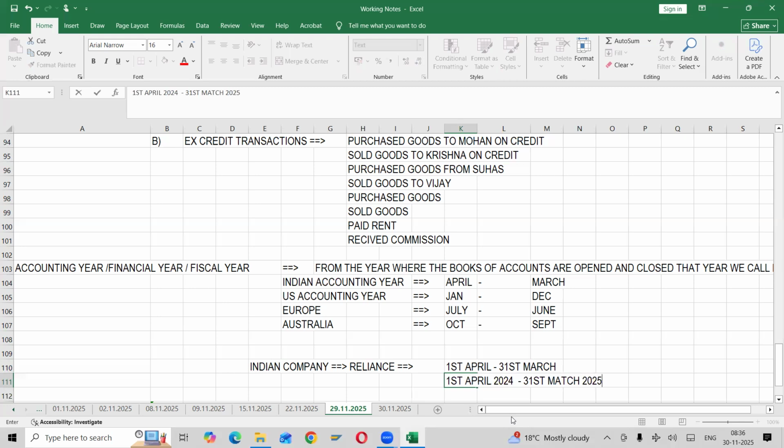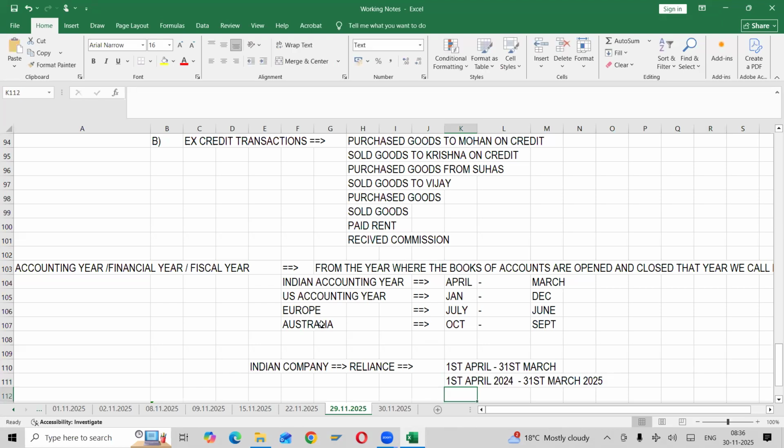They will open a separate set of books to record the transactions that happen from 1st April to 31st March.